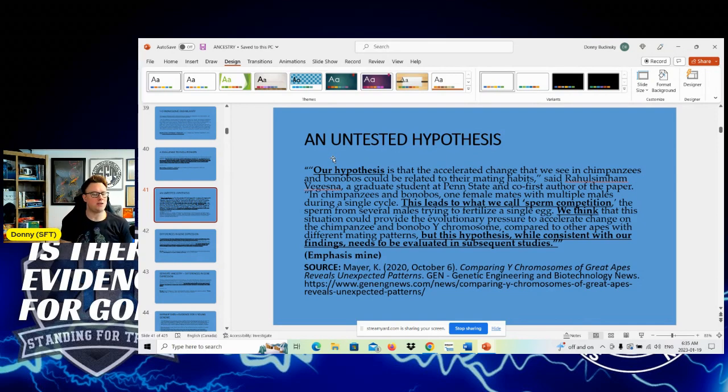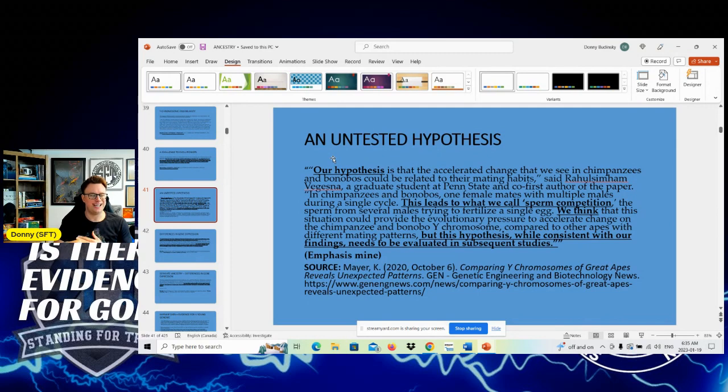And no mathematical model has been presented, only just-so stories, only possible factors. They've admitted that this is a hypothesis, and they suggest sperm competition, polygamous relationships within bonobo and chimpanzee groups.